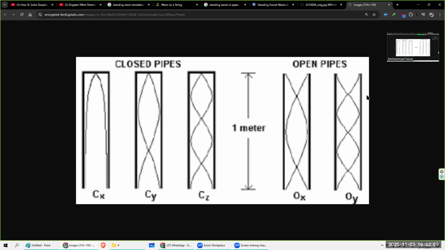Which harmonic is this? Take a good look. This is a both end open tube. This is a second harmonic. How do you know? I'll give you a simple answer. There are 2 loops inside. 1 loop, half loop, half loop, 2 loops.